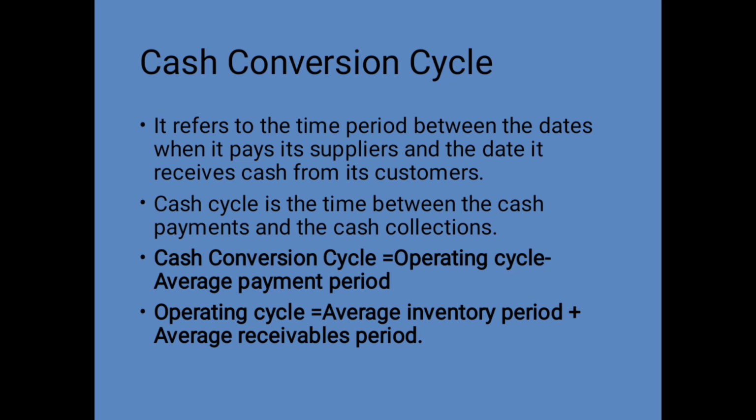So cash conversion cycle is equal to average inventory period plus average receivables period minus average payment period.